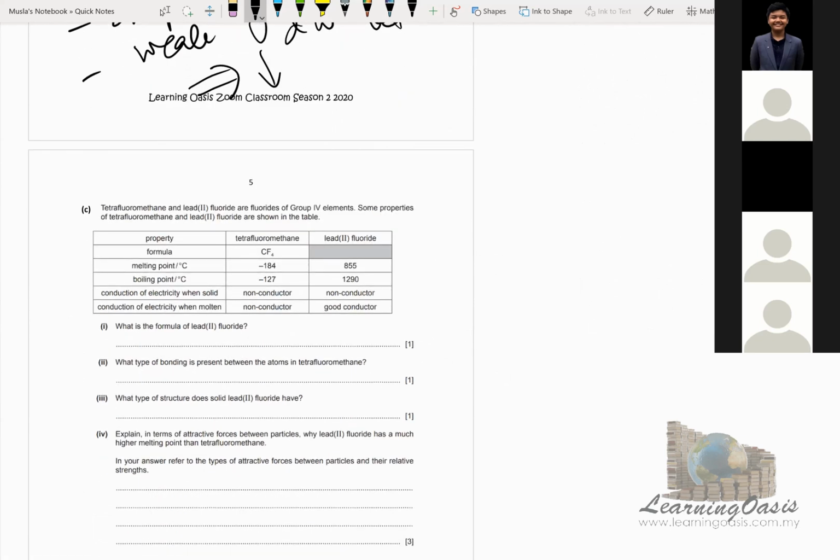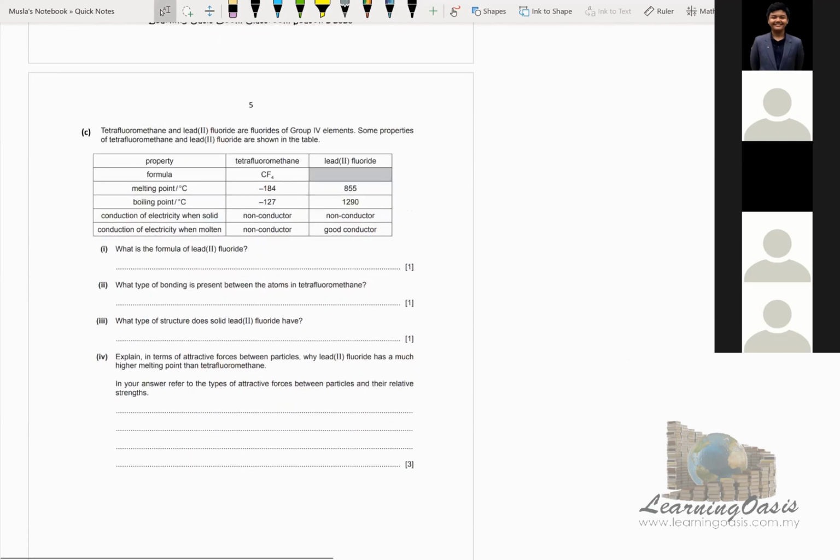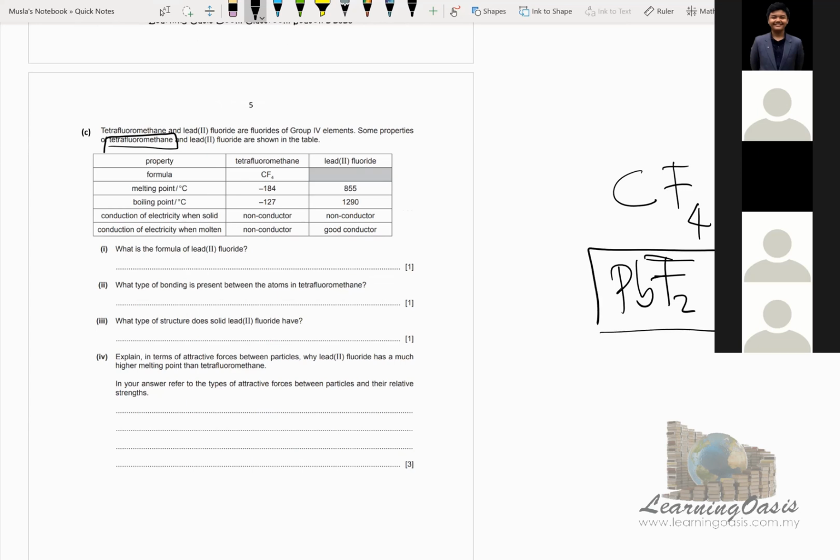Now, tetrafluoromethane and lead-2 fluoride are fluorides of group 4 elements. Some properties of tetrafluoromethane and lead-2 fluoride are shown in the table. Okay, now tetrafluoromethane, the word itself, fluoromethane, methane, right? Tetrafluoro, so CF4. Right, lead-2 fluoride is PbF2. So what's the difference between these two fluorides? What is the difference here? PbF2, what kind of compound is this?